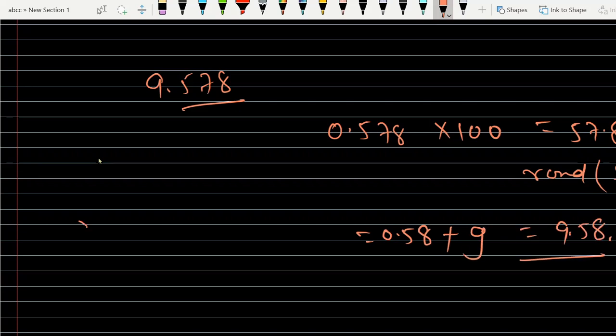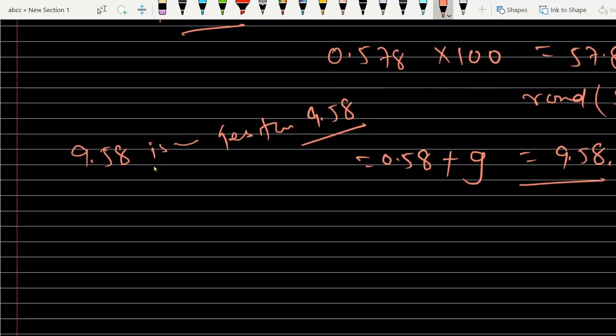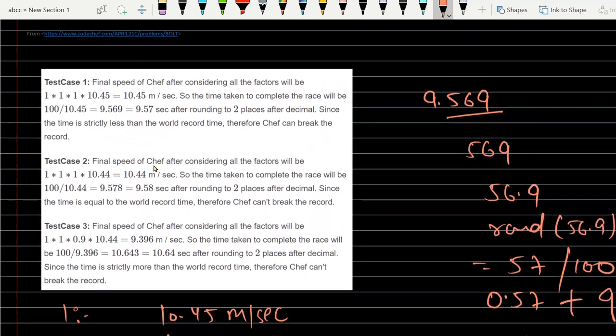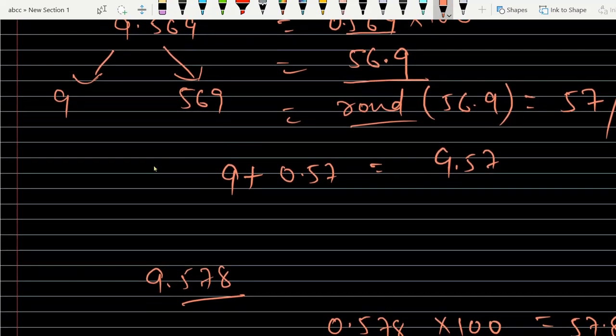Now 9.58 is not less than 9.58, which was the time taken by Usain Bolt. So he's going to level the record, but he's not going to break it this time. In the first case it was 9.57, which is less than 9.58, so he's going to break the world record in this case.